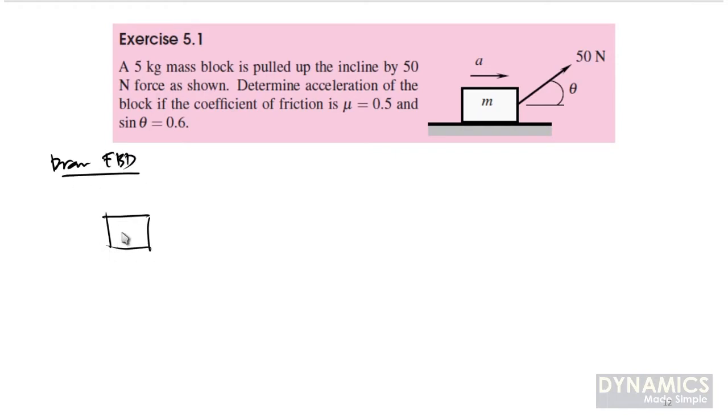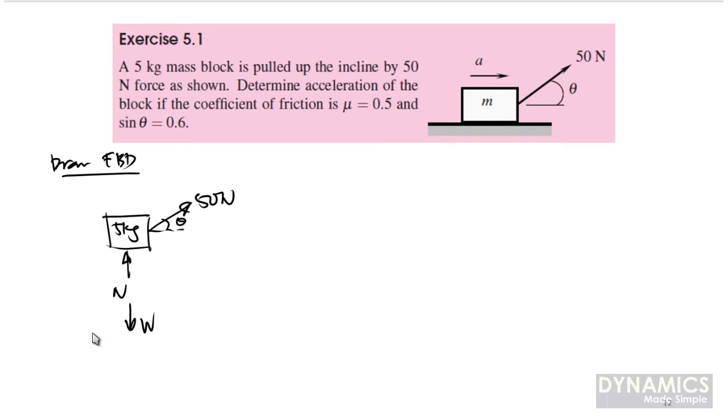So we have a 5 kilogram block, okay, and it is resting on the surface. We remove the surface, we will have our normal force. And of course, since we have a mass here, we will have our weight as well. Next, we have the 50 Newton force at an angle of theta.